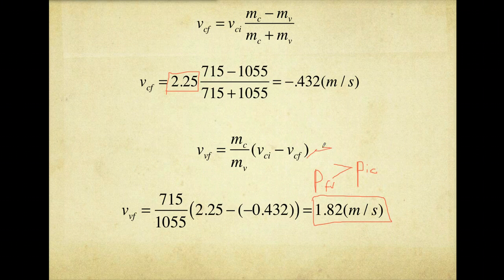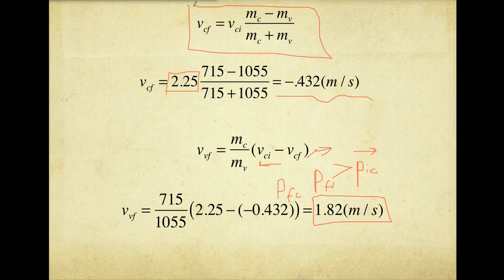This guy is going right, and that guy is going right. So since this one, the final, is greater than initial, then obviously I will have to have my final momentum of the car directed to the left. Hence your negative velocity right here. So again, this formula, you can use it in the next questions where you have elastic collision again.